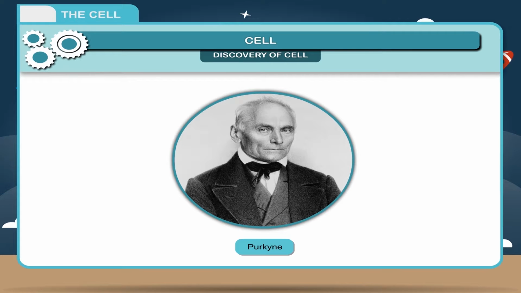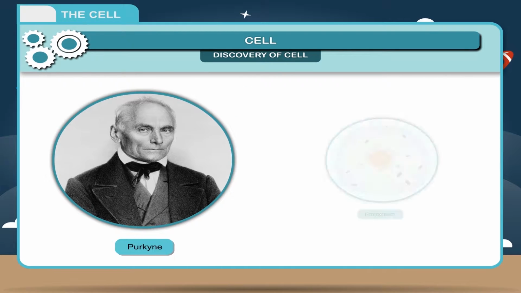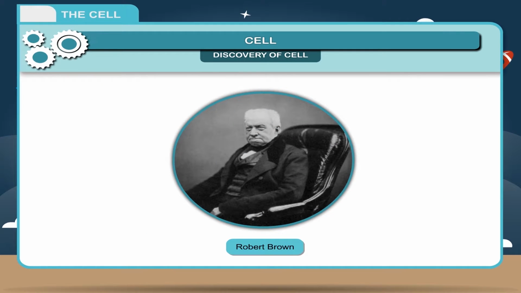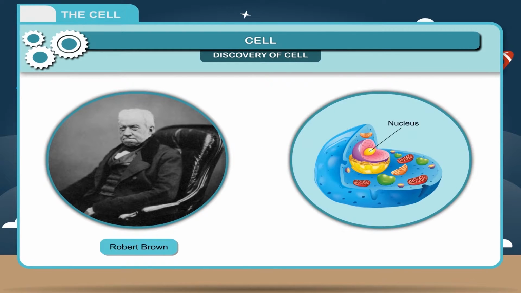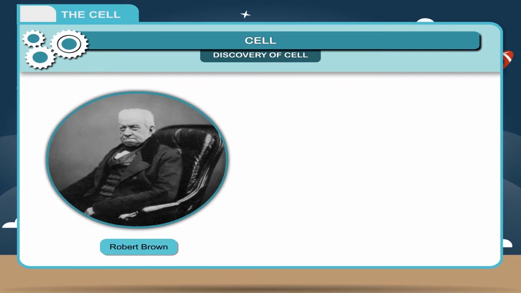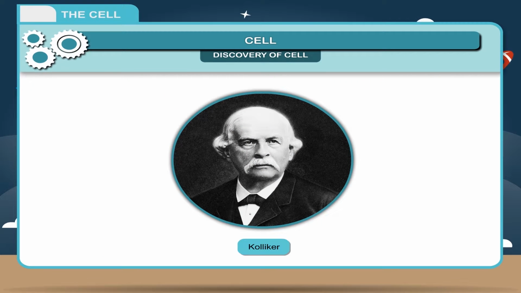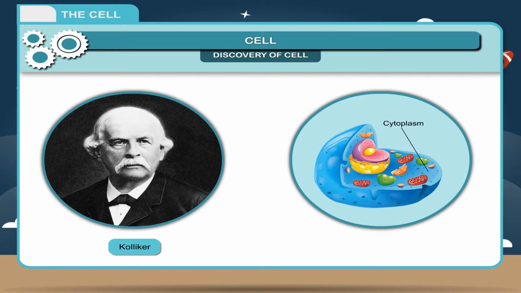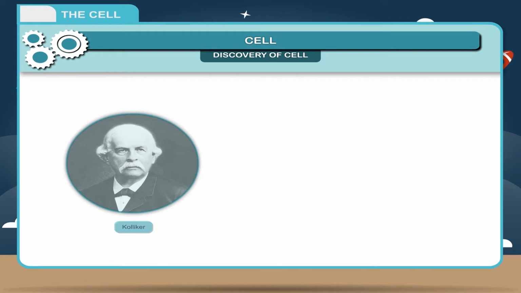Purkinje, 1839, first proposed the term protoplasm for the jelly-like living substance of the cell. Robert Brown, 1831, observed a spherical body in the cell called nucleus. Kolliker, 1862, proposed the term cytoplasm for the living material surrounding the nucleus.